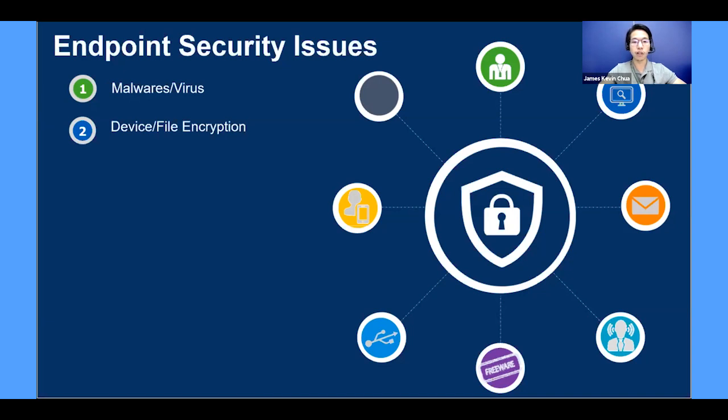So if ever you lose these computers with sensitive information, you risk the important information being leaked outside your organization. So we need to be able to encrypt these kinds of files.